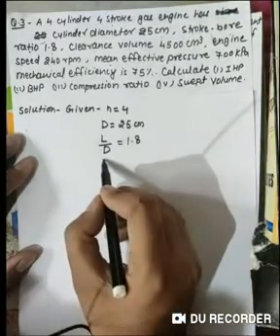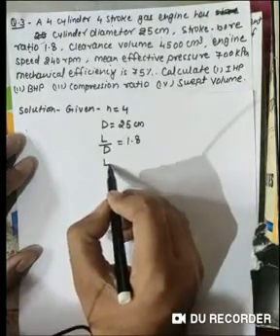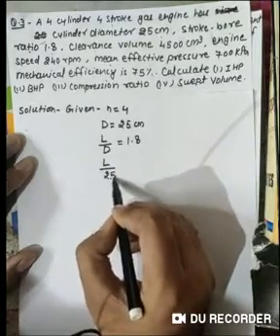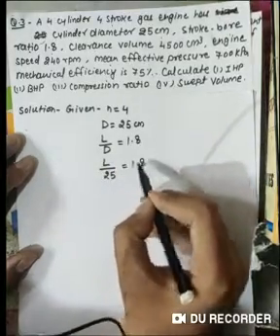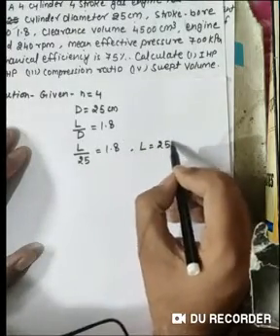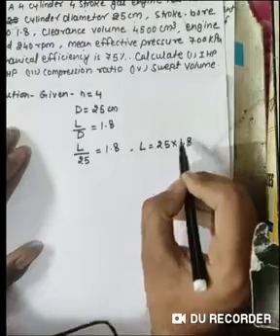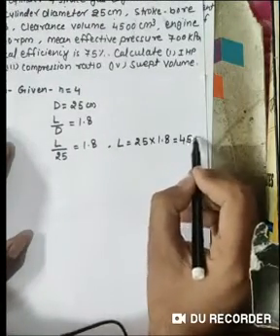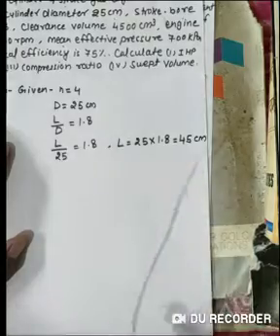So here we know the value of D, that is 25. So L becomes 25 multiplied by 1.8. When we multiply it, the answer becomes 45 centimeter.